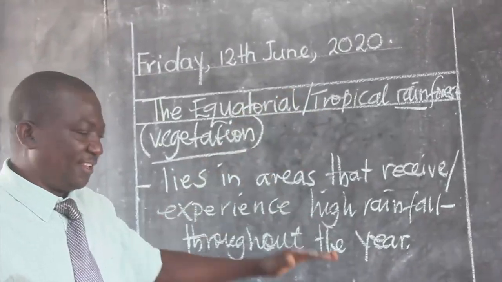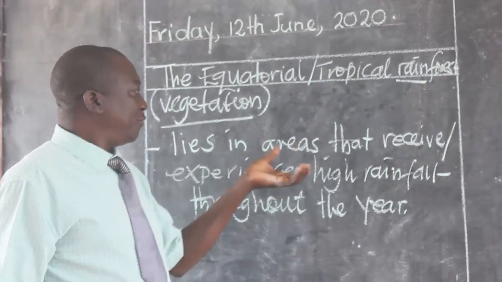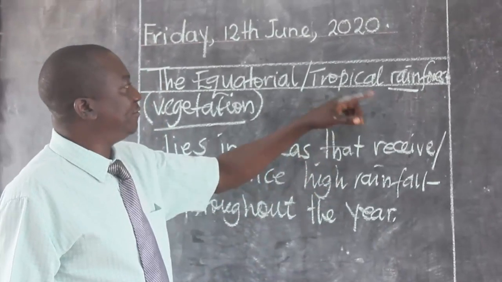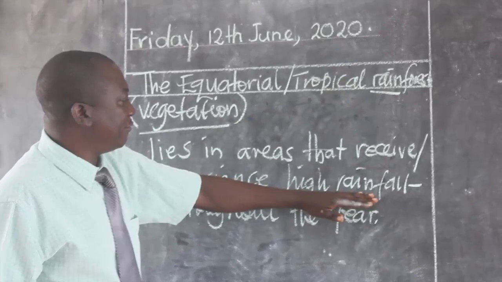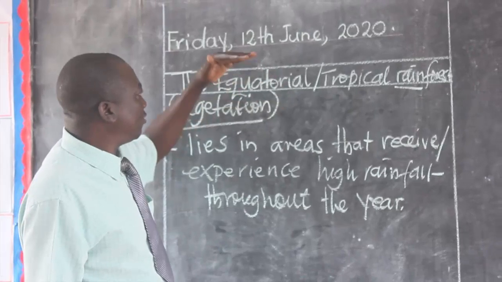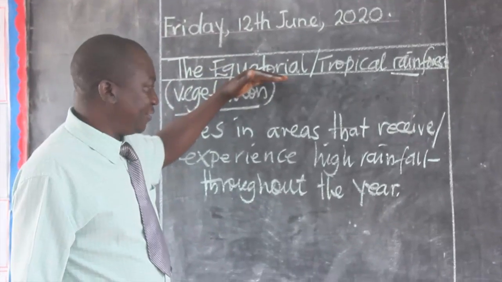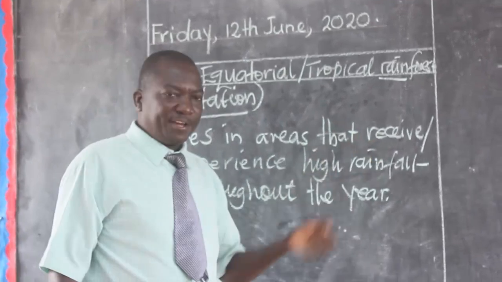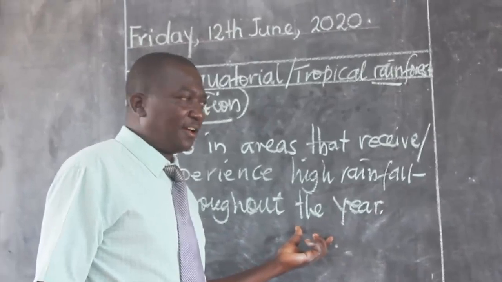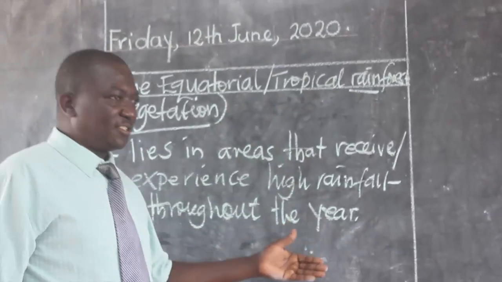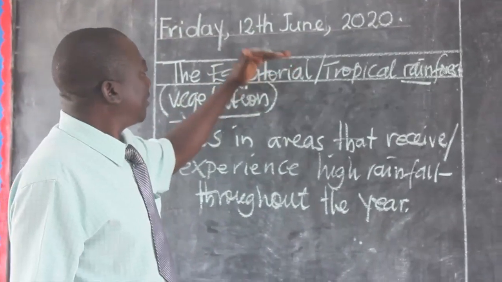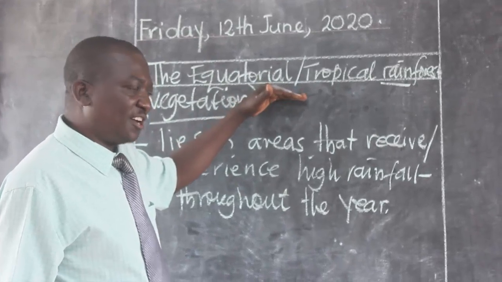The areas that we are going to put down here that receive this type of rainfall also influence the presence of this type of vegetation.